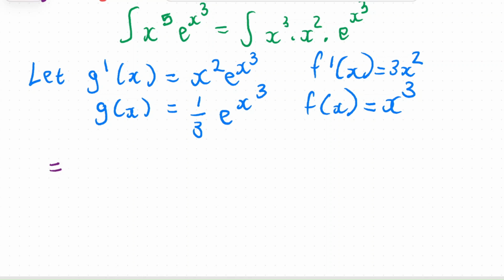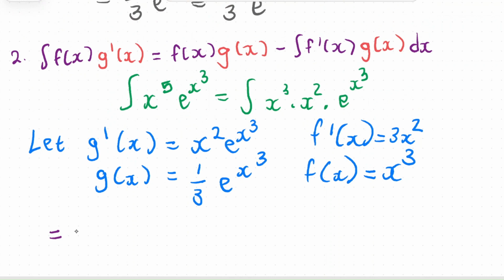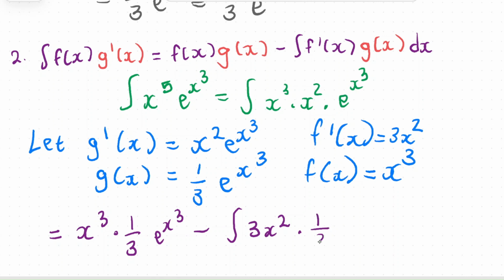It's going to be equal to x cubed times 1 over 3 e to the power of x cubed minus the integral of 3x squared times g of x, which is 1 over 3 e to the power of x cubed.